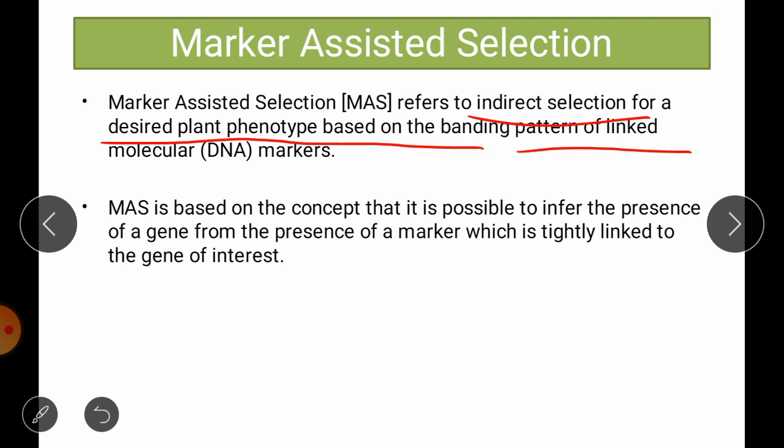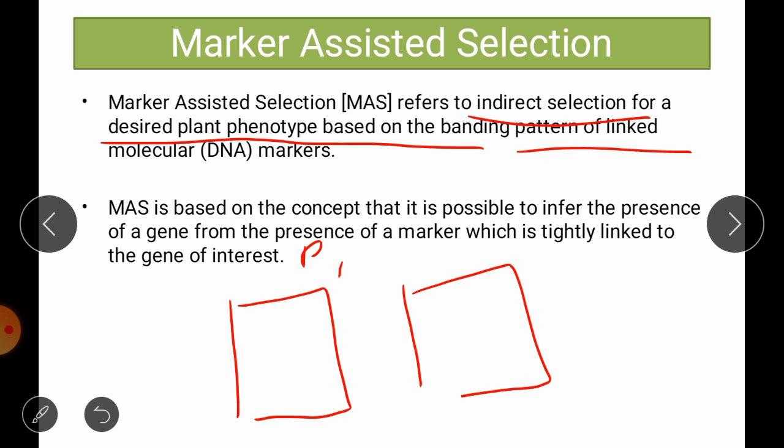So, in this type of selection, what are we doing? We are observing the banding pattern of individuals. Suppose you have taken two individuals. Suppose this is the banding pattern of your plant number 1, this is the banding pattern of your plant number 2.